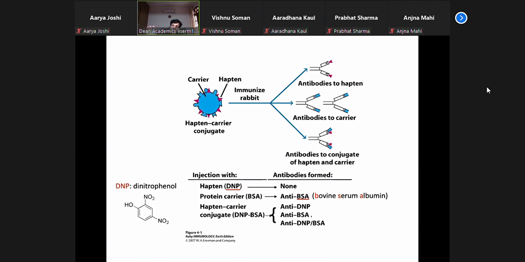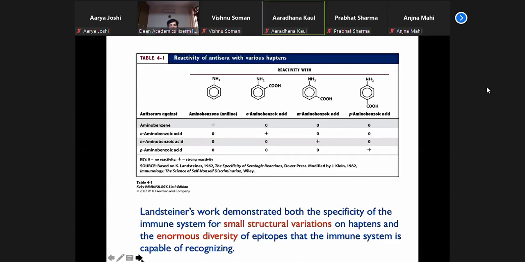Once you give this bigger protein, which is conjugated with the hapten, you can generate antibodies against the proteinaceous antigen as well as against the small molecule. So you have to have this complex recognized by your B cells and T cells.